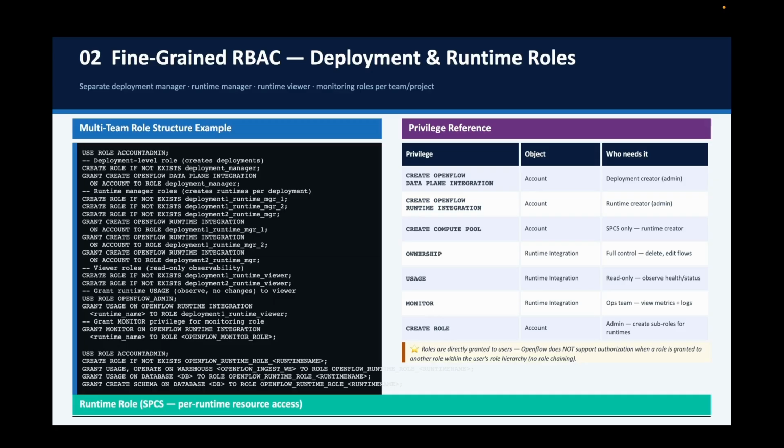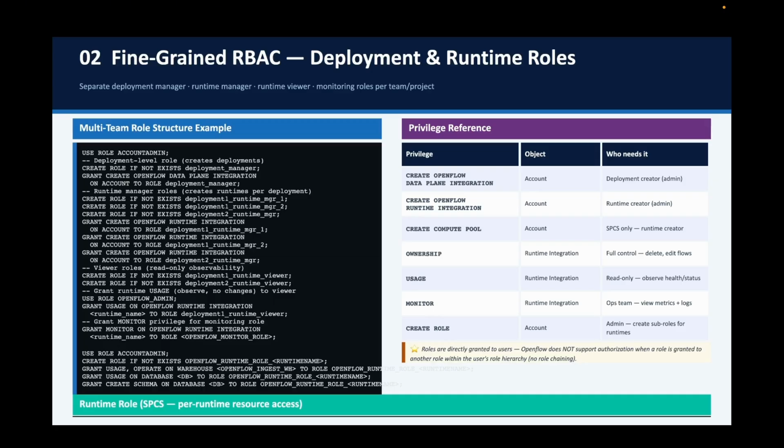For example, if your team is managing Openflow administration, you will have a separate role. If your team is managing the runtimes of the Openflow deployments, it's a separate team's role. If a team is just monitoring Openflow runtime, a separate role is required to monitor.